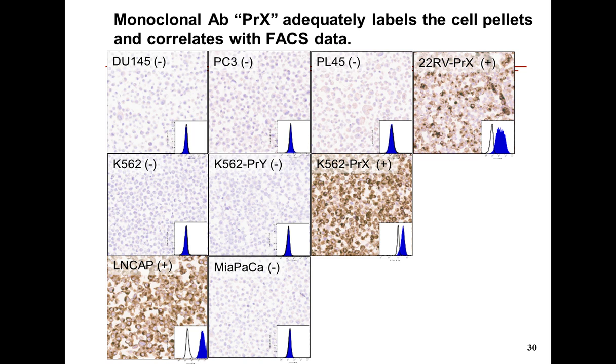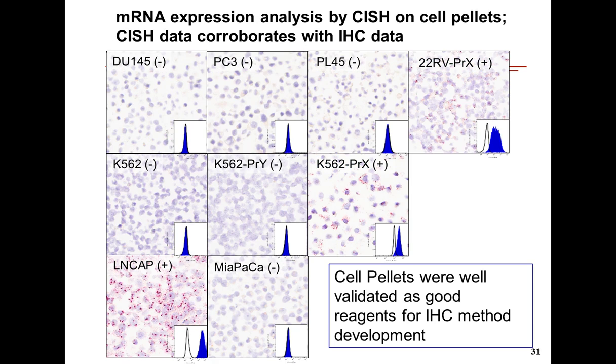So when we tested several antibodies, we found the best one was this monoclonal antibody that seemed to adequately label the cell pellets. You can see the FACS data in the bottom right-hand corner of each panel, but the 3 positive cell types or cell lines that were deemed positive by FACS also checked out through IHC.